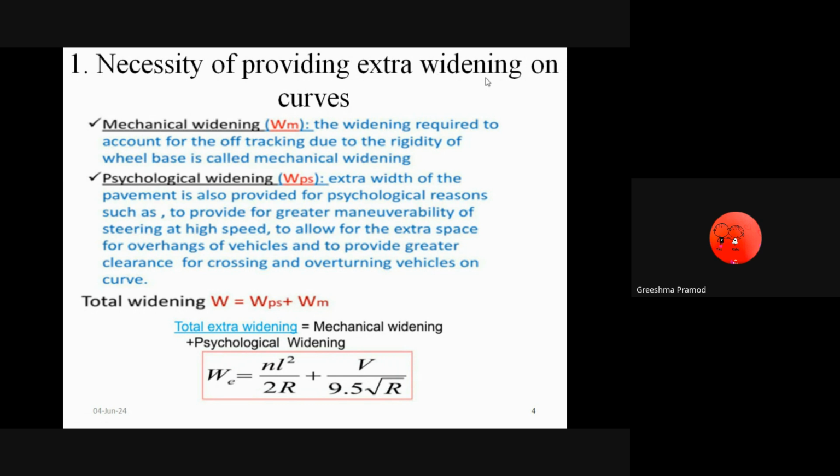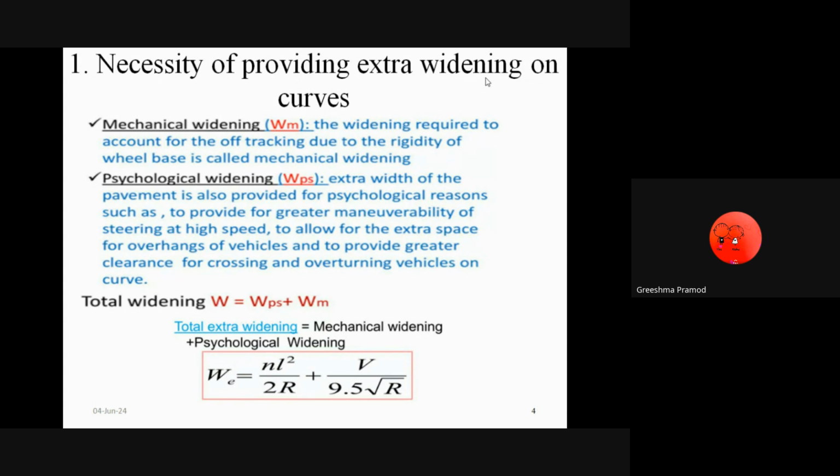To account for off tracking. Off tracking means the rear wheel doesn't follow the same path as that of the front wheel, because of the rigid wheelbase. That phenomenon is known as off tracking. To account for that, you need to provide extra widening on curves.